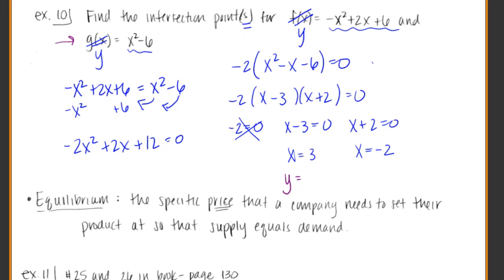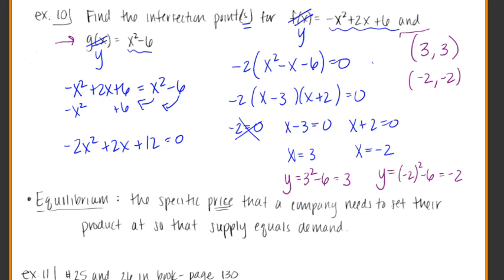So for this one, when x is 3, then y is going to be 3 squared minus 6, which is 3, right? 9 minus 6 is 3. And for this other x value, we're going to get y to be negative 2 squared minus 6. So 4 minus 6 is negative 2. Alright, so here are my coordinates. My intersection points are (3, 3) and (negative 2, negative 2). And there's my overall answer, just like that.